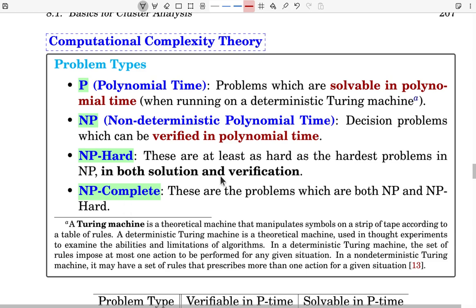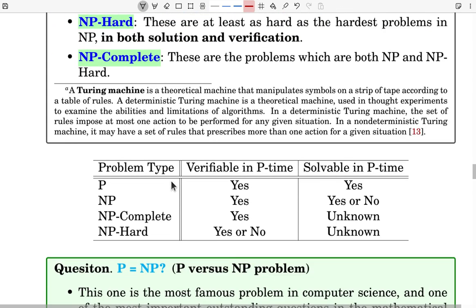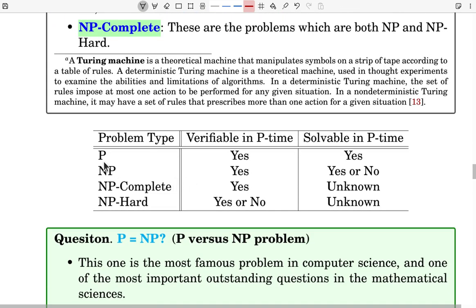So here we can summarize. Now NP complete and NP hard, the problems will become more difficult as you go down. Here, verifiable in polynomial time, these three are verifiable, but the problem in here maybe or maybe not.